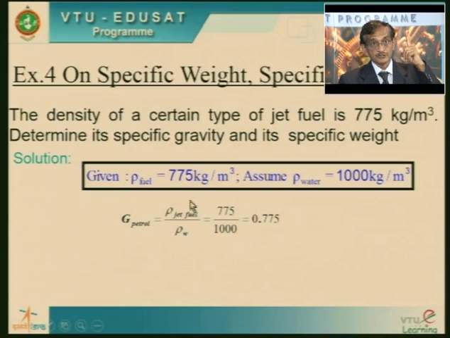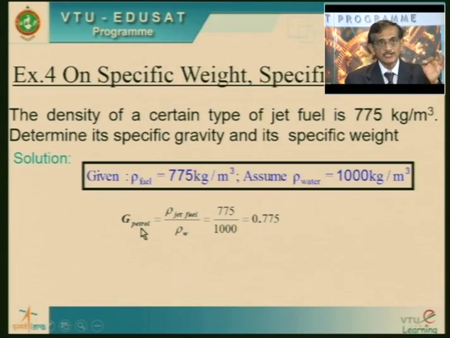Now, first one is determine the specific gravity. You remember I taught you the specific gravity of a liquid, whether it is petrol or any jet fuel, is the density of the liquid divided by density of water.